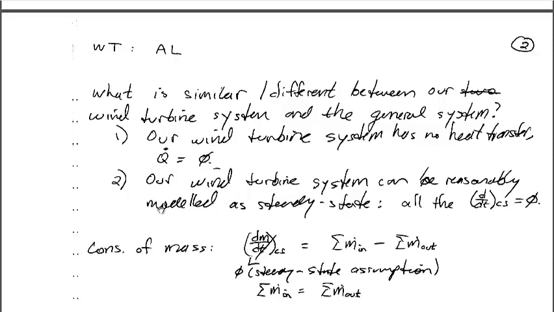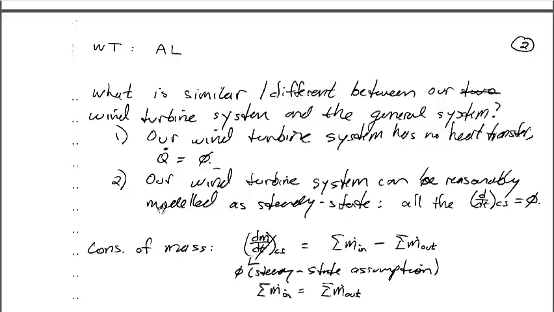Steady state is a very important assumption that we will make a lot this semester, and you'll make a lot when doing simple thermodynamic analysis as you become full-fledged thermodynamicists. Not every process in engineering can or should be modeled as steady state, but a lot of them can be. And when we assume something is steady state, it very nicely simplifies our analysis for us.